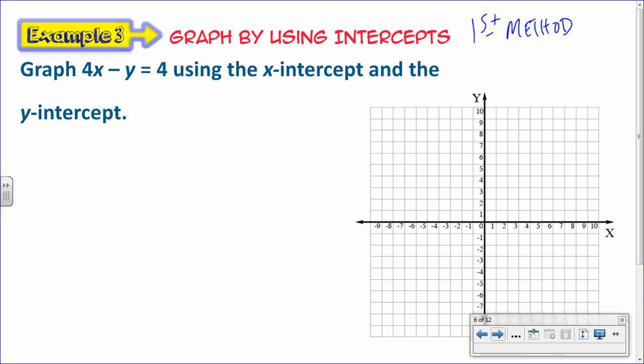This is the first method to graphing lines. There's going to be 3 of them. I'm going to show you 2 today.